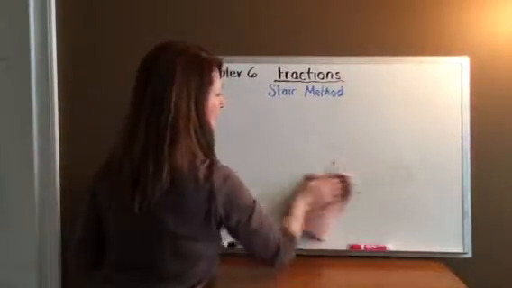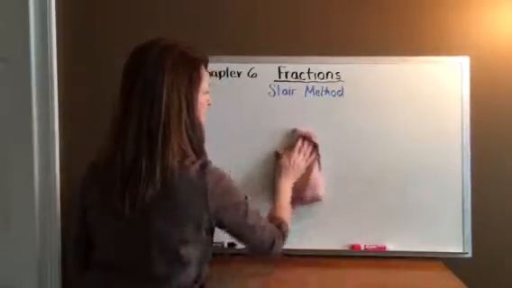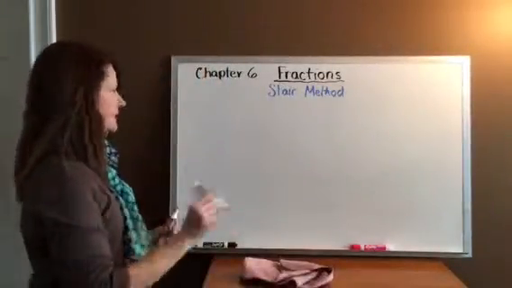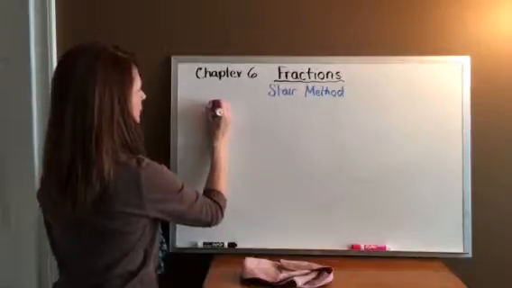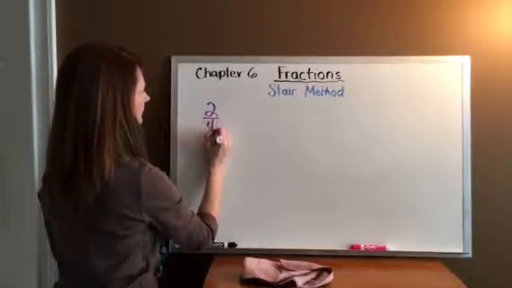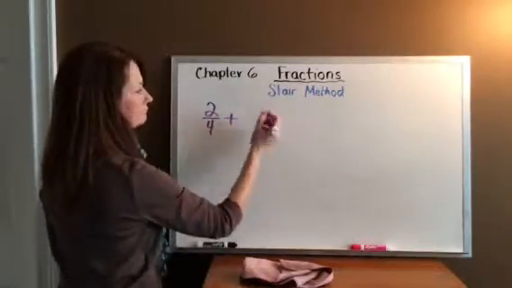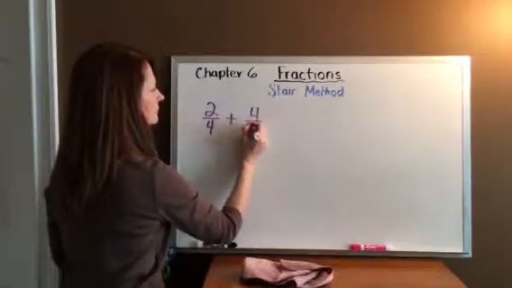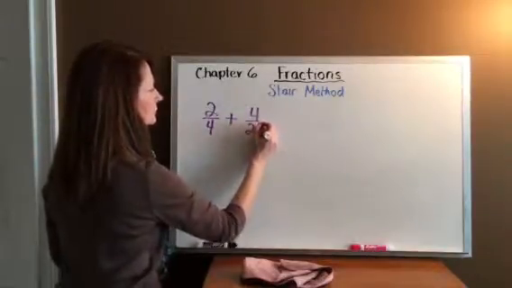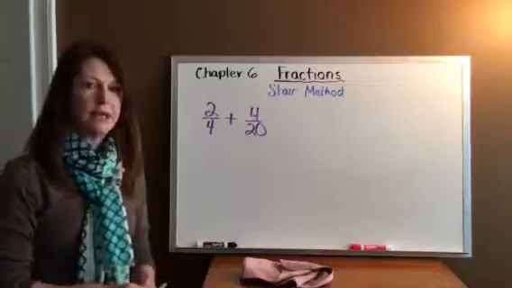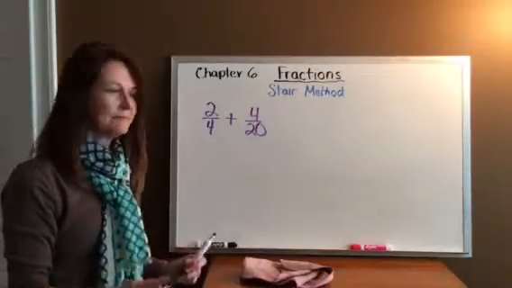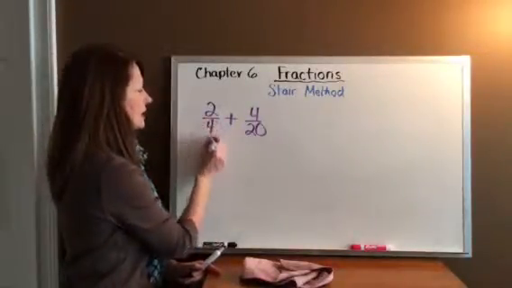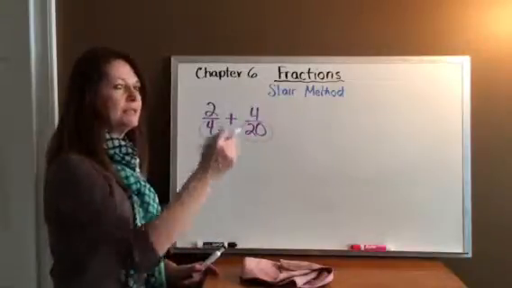Another new problem. Let's say that we have 2/4 plus 4/20. So again, you remember, step 1, take our denominators and put them in the stair method.